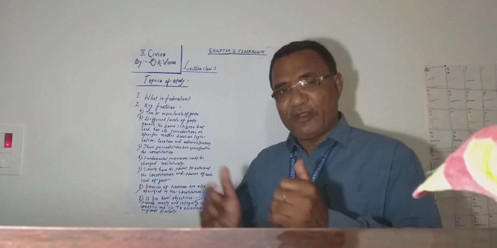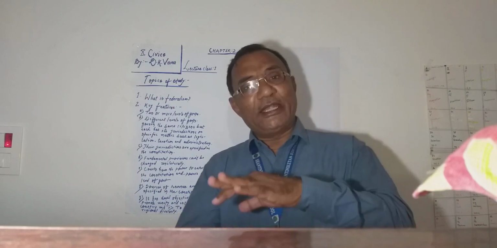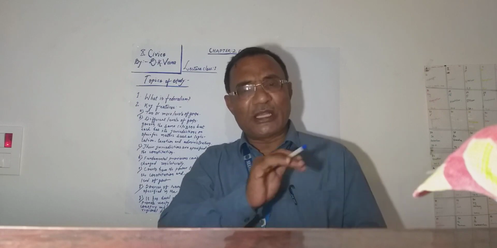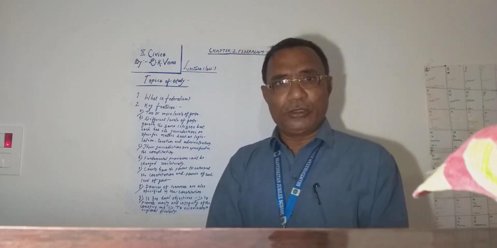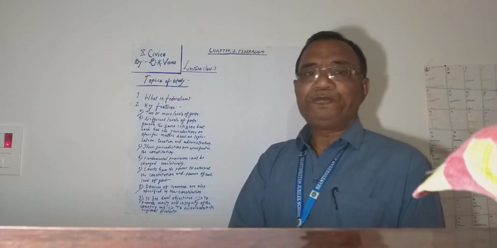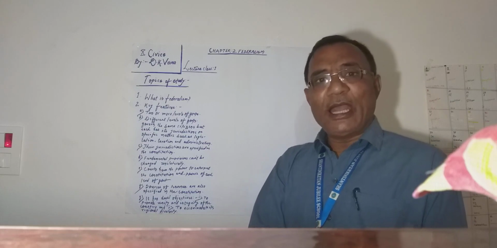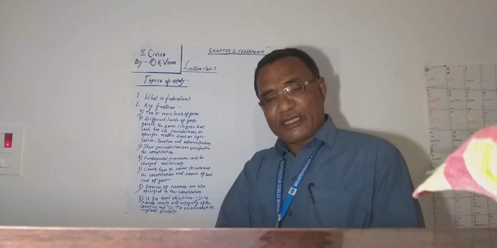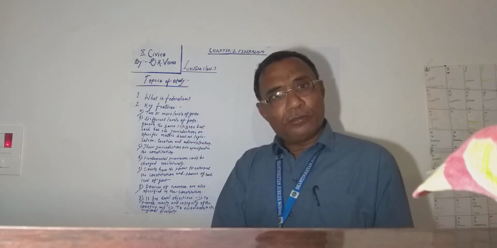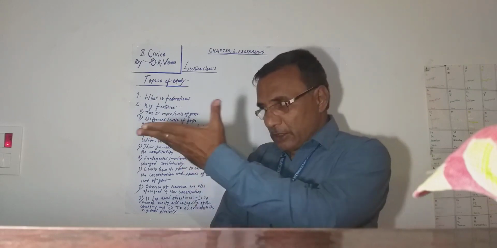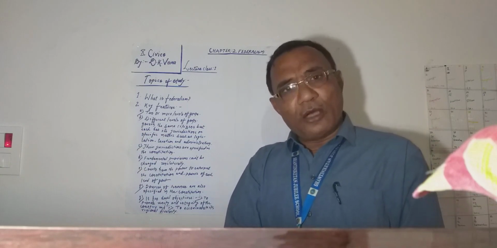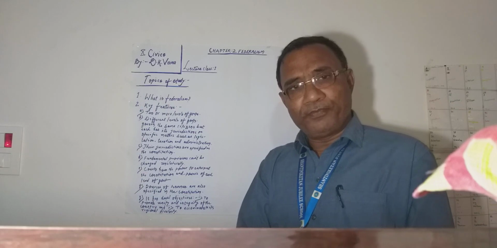Whatever the revenue is there, it is all in favor of the central government. State governments can't claim over that. Similarly, state governments also have their own fields of sources of revenue, such as land revenue, registration of land and houses, and so on.